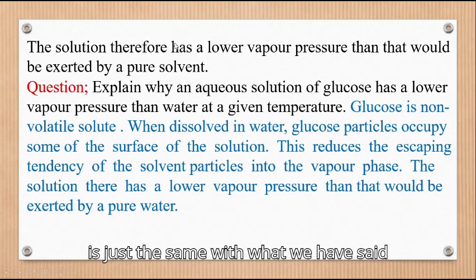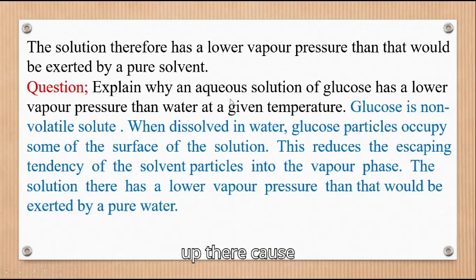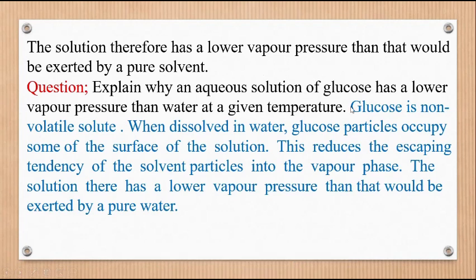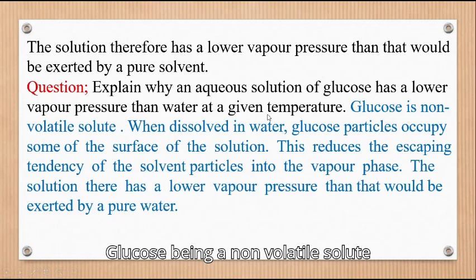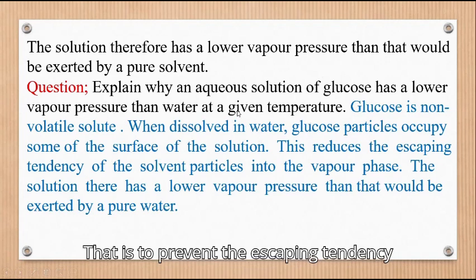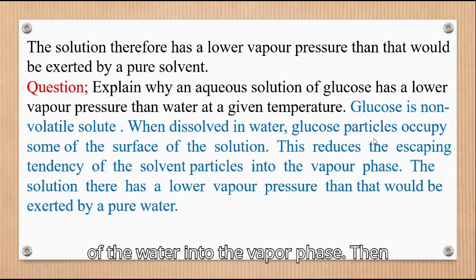The explanation is the same as what we have said above, because when water forms a solution with glucose, glucose being a non-volatile solute will always block, or prevent, the escaping tendency of the water into the vapor phase.